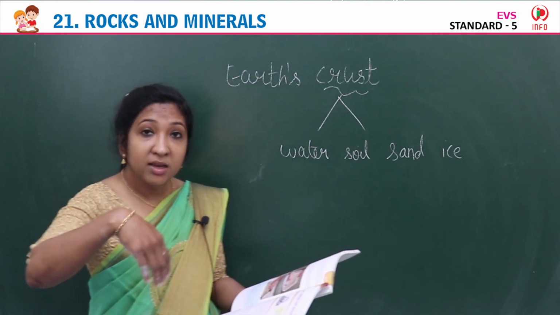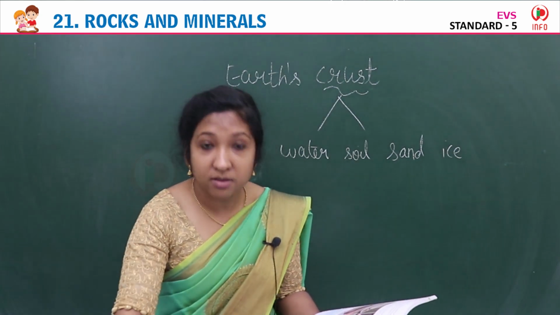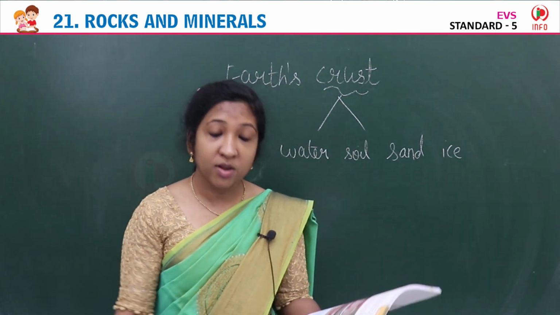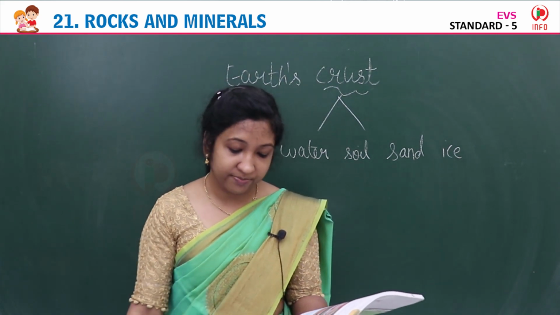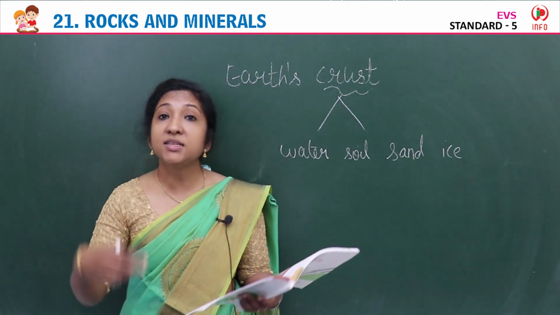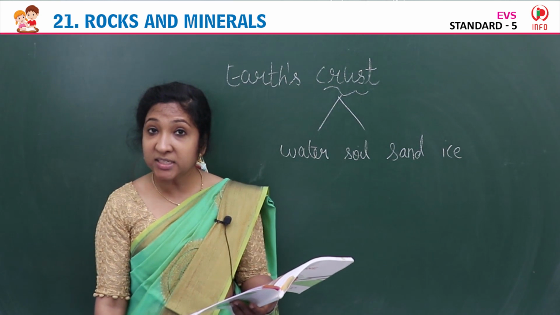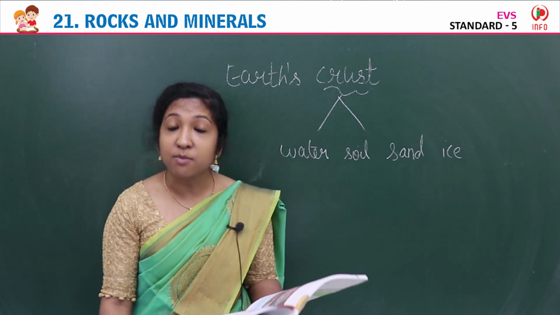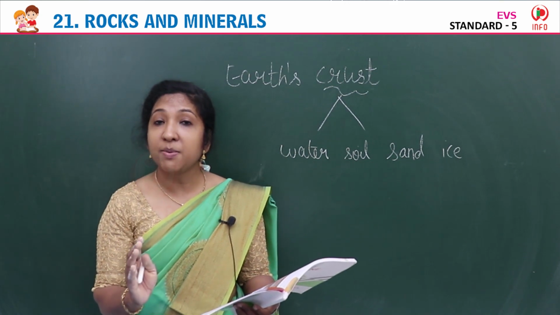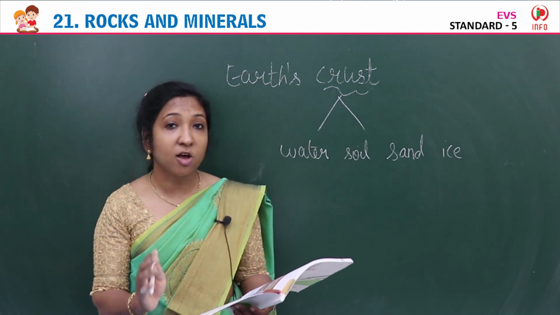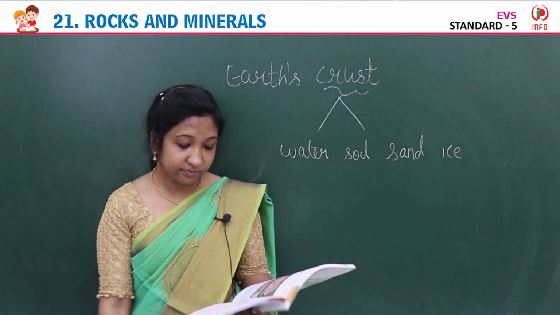When we dig deep inside the earth, what will we hit? We'll always hit a rock. So the earth is made up of rocks and minerals, and both are nature's gift to man, and rocks are made up of chemical substances called minerals.